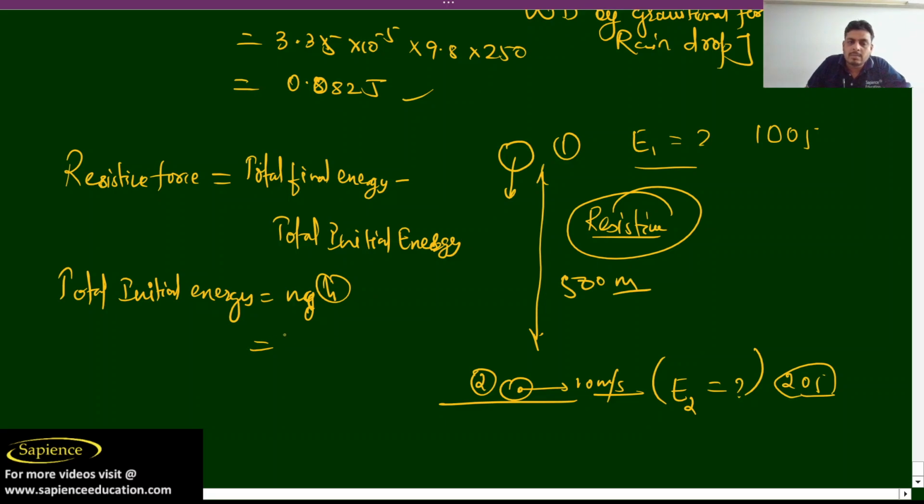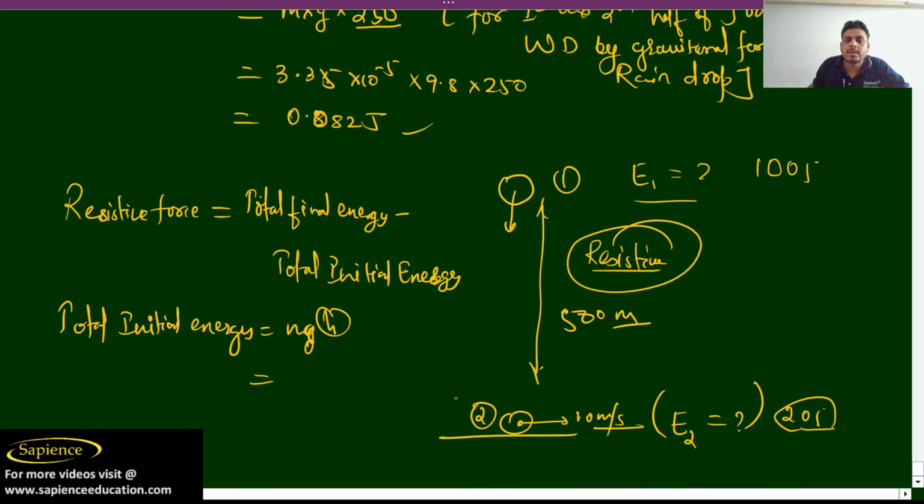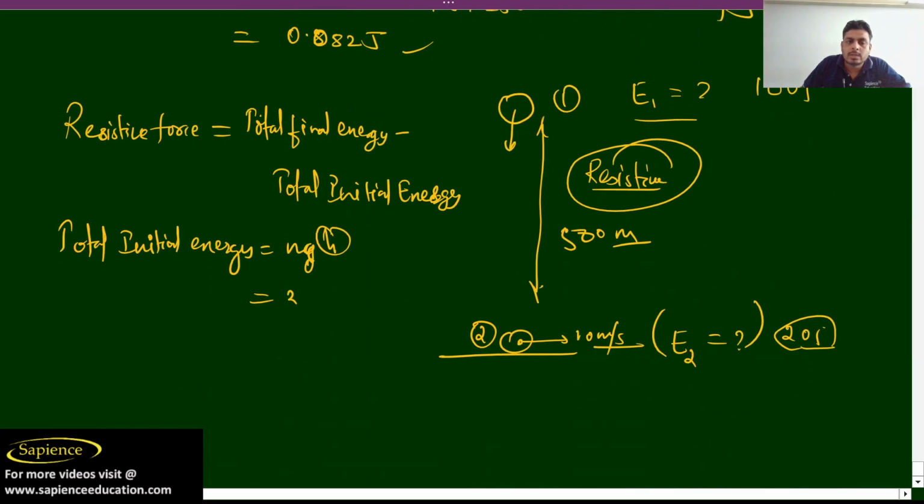So the mass of the raindrop is 3.35 into 10 power minus 5, into g, which is 9.8, and the total height is 500. So if you calculate this total initial energy, you will get 0.164 joule.